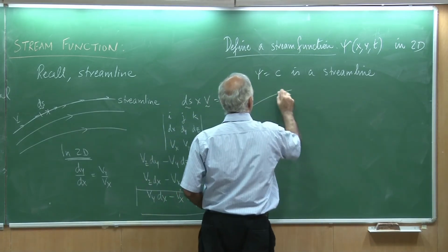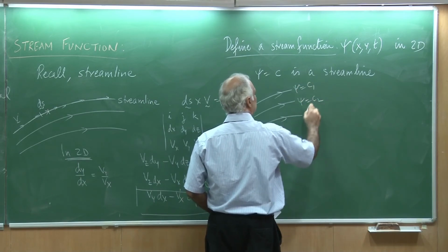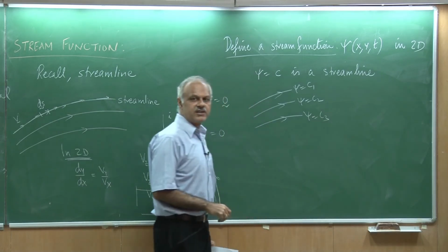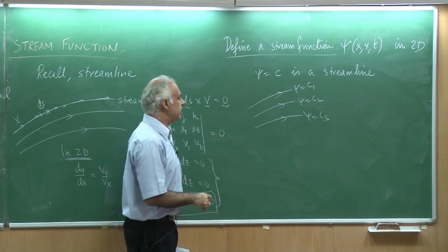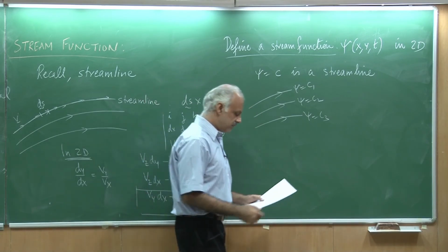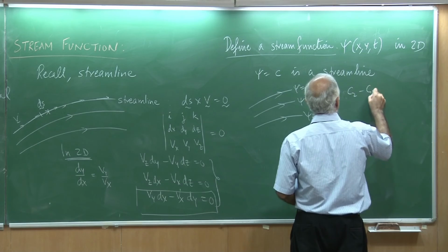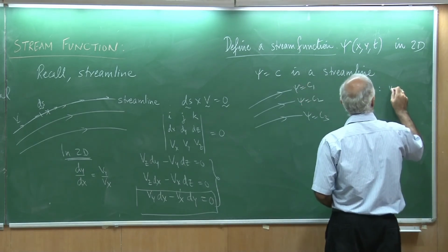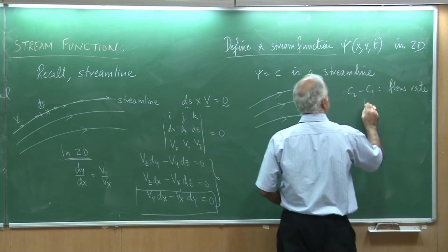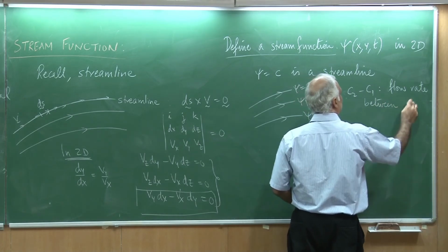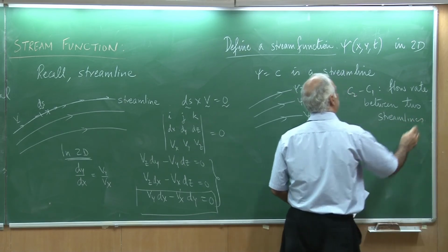And if I just drew different streamlines, this could be psi equal to c1, psi equal to c2, psi equal to c3. So these are 3 different streamlines that I have drawn, and one can show that the difference between these constants would give me the flow rate. So if I did c2 minus c1, that would give me the flow rate between 2 streamlines. Okay.